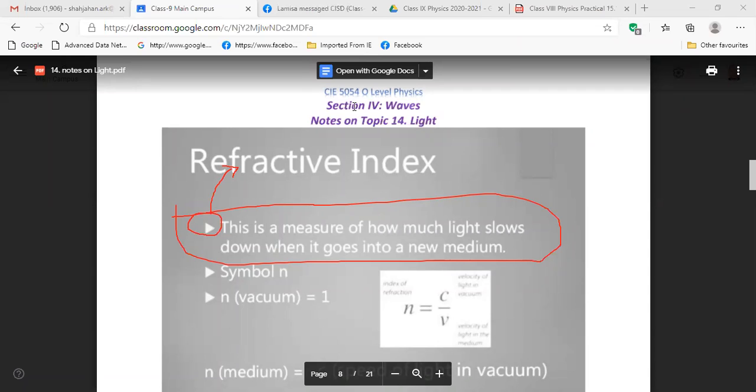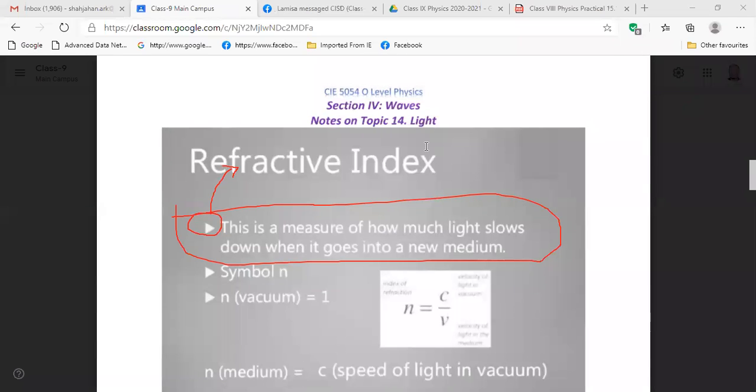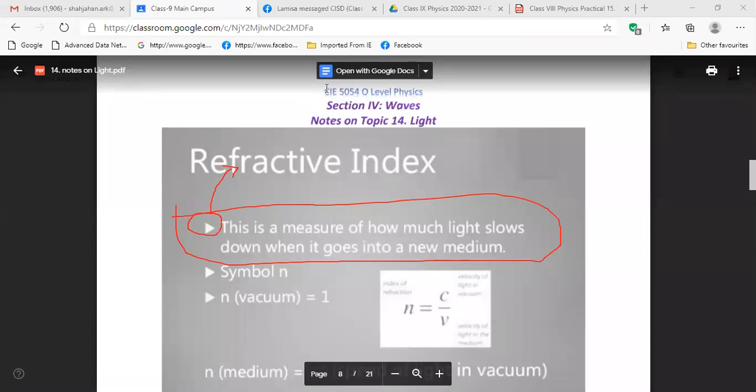Sir, can I ask a question, sir? Sure. Sir, it is a measure of how much light slows down, but sometimes it also increases its speed, right? Yes. So why is the definition like that, sir? Very good question. I liked it. Always, when we are thinking about refractive index, we are taking the ratio of speed of light and the medium it's going.